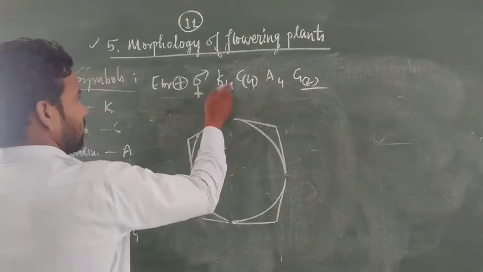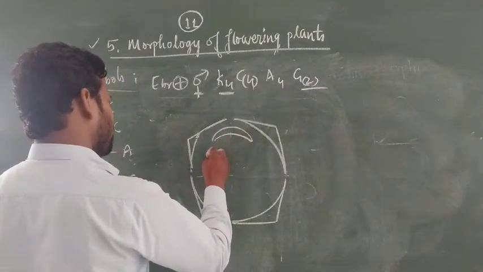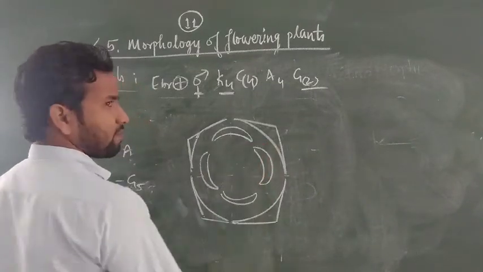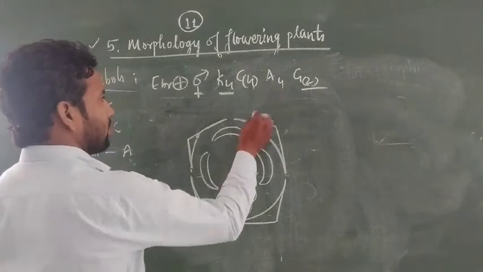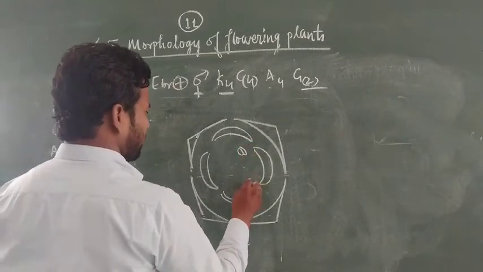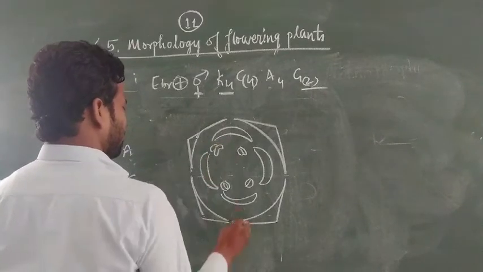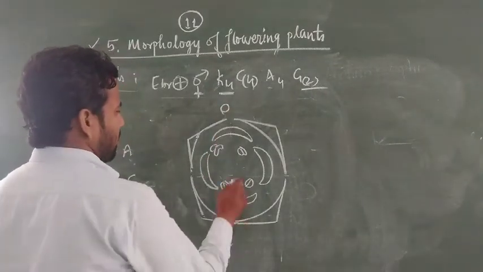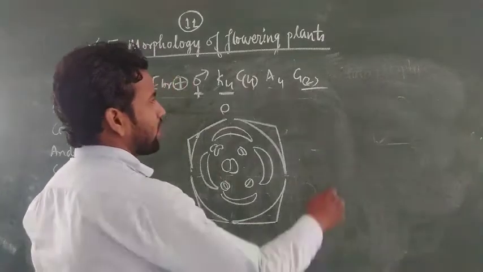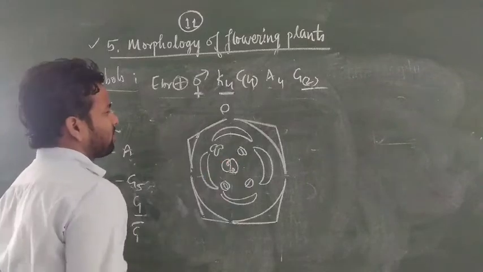This outer one represents calyx 4. Under this is the corolla. And after that, below the corolla, the fourth whorl is called androecium. This is the androecium situation. This is the mother axis, and two carpels are fused here. This is a carpel having ovules.